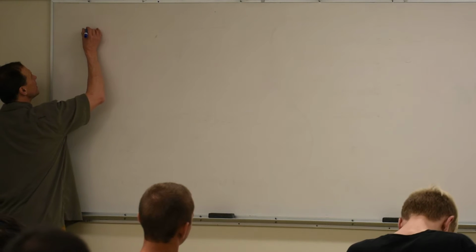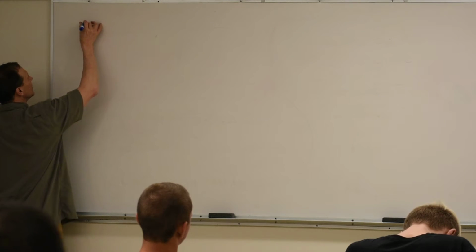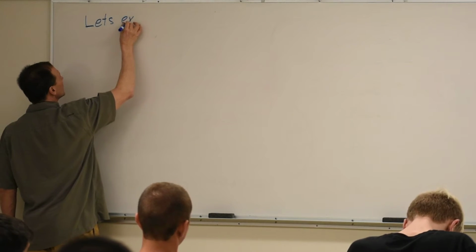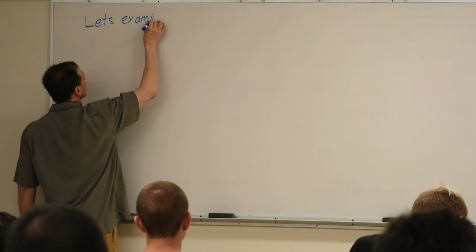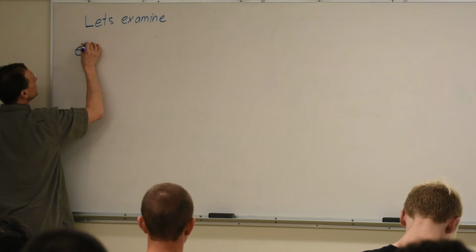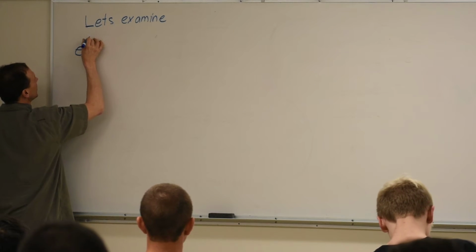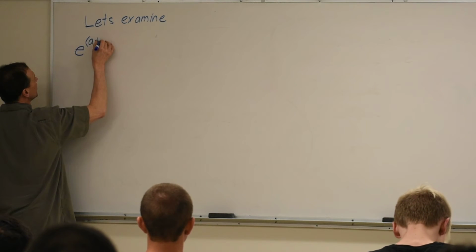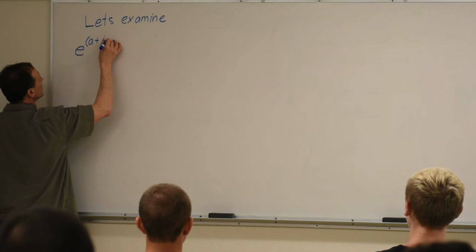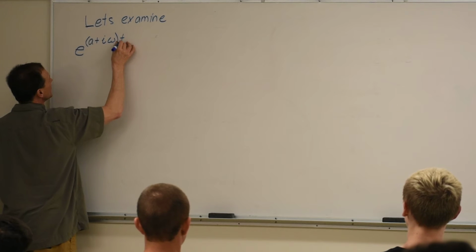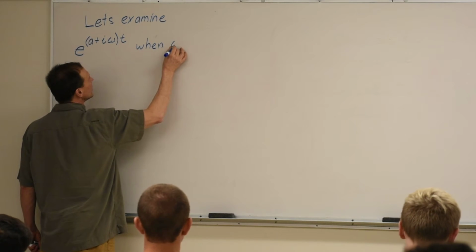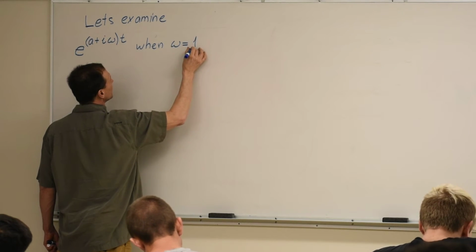So let's do it this way. I'm going to write this as e. Let's examine e raised to the, I'll write the whole thing, a plus i omega times t, when omega equals 1.